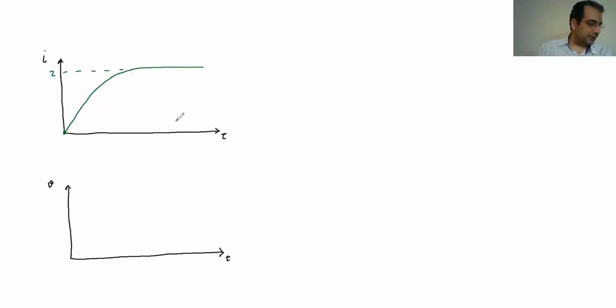In the voltage, let's say the voltage in the inductor, we know that at the beginning it has a very high voltage because the current is zero. There's not going to be any voltage in the resistance, and all the voltage is going to be in the inductor. And eventually the voltage in the inductor drops to zero, and the voltage in the resistance becomes equal to the voltage of the source.